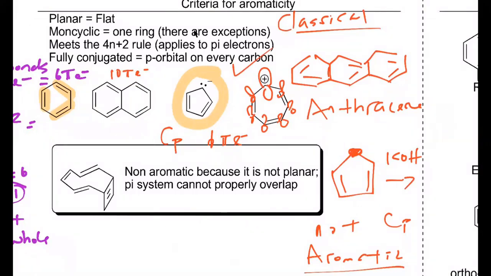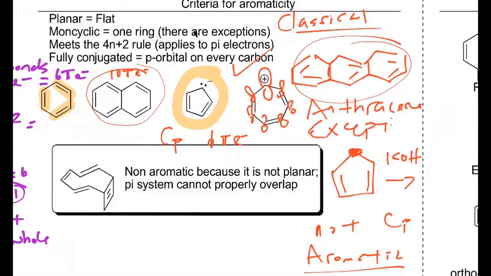No. Naphthalene and anthracene are exceptions because they're not monocyclic. And then this is an exception. The reason it's an exception is because it violates one of the rules, but it's still considered aromatic. But the rest of them don't violate any rules.